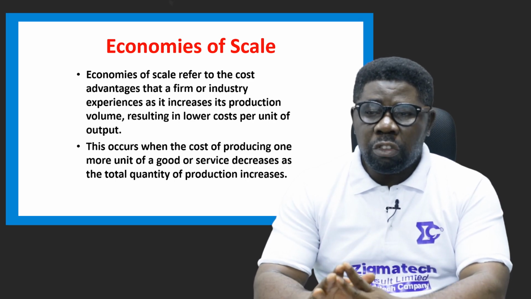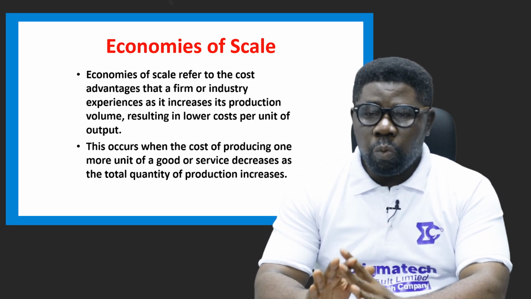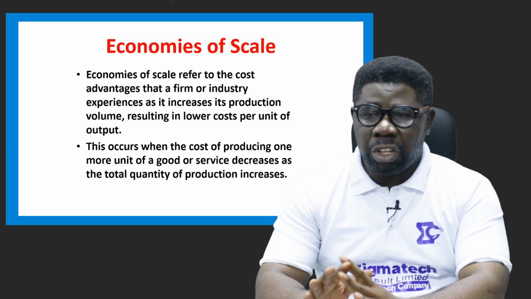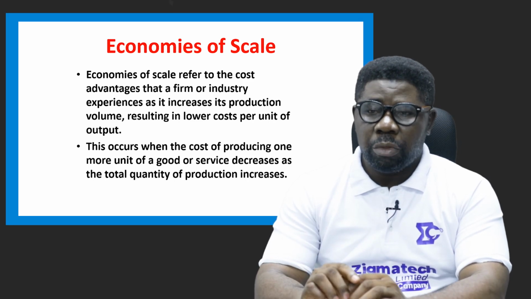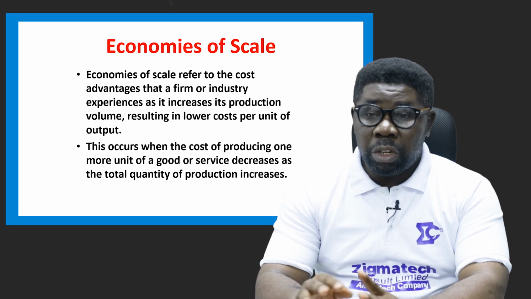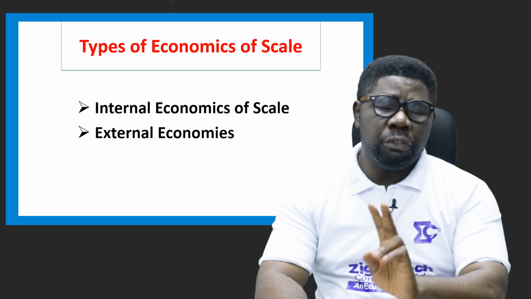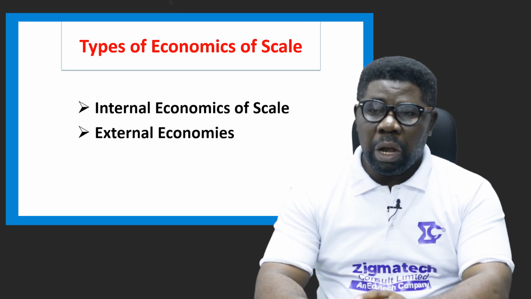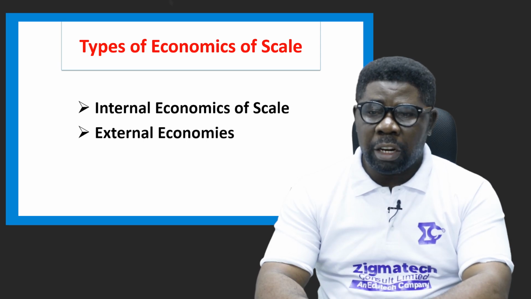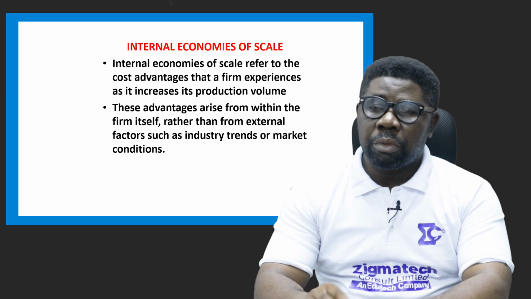This will occur when the cost of production is reducing, when the cost of producing 1 more unit of a good or service decreases as total quantity of the product also increases. If you see this happening, you can see that there's economies of scale. We have 2 main types of economies of scale. We have internal economies and what? External economies of scale. So let's look at them one at a time.